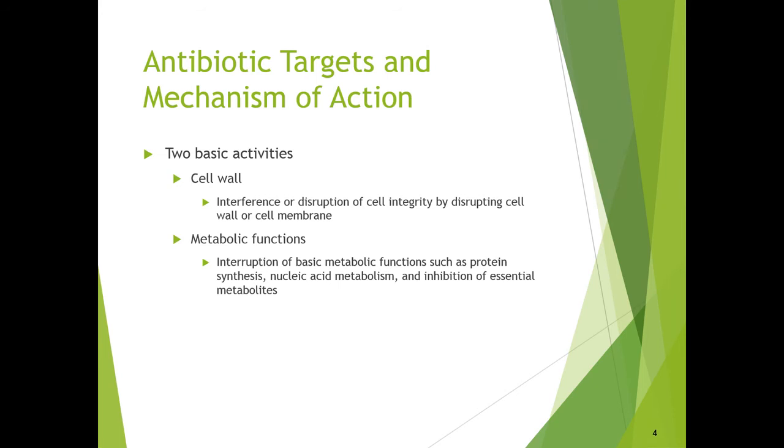So we talked about the peptidoglycan in the cell wall of bacteria. These antibiotics interfere with the synthesis of this cell wall. So by disrupting the formation of the cell wall, the organism is at a disadvantage. It can't function without its cell wall. It just ruptures.